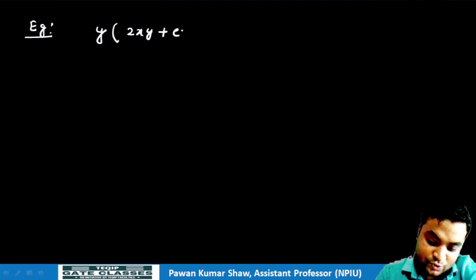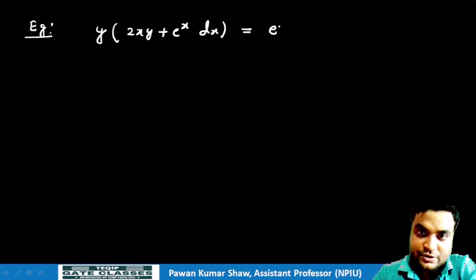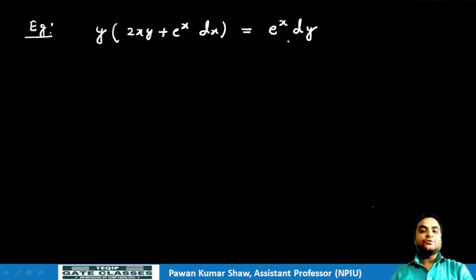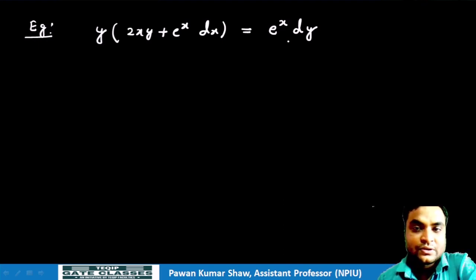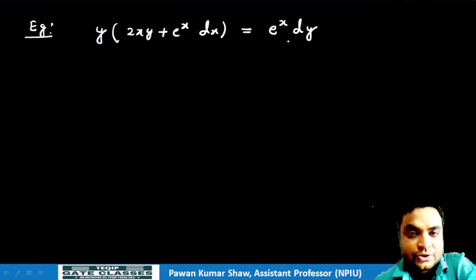Suppose the equation is given: y(2xy plus e to the power of x) dx is equal to e to the power of x dy. This is our given differential equation. Now we want to solve it. So you can write this equation as M dx plus N dy and check whether it is exact or not.